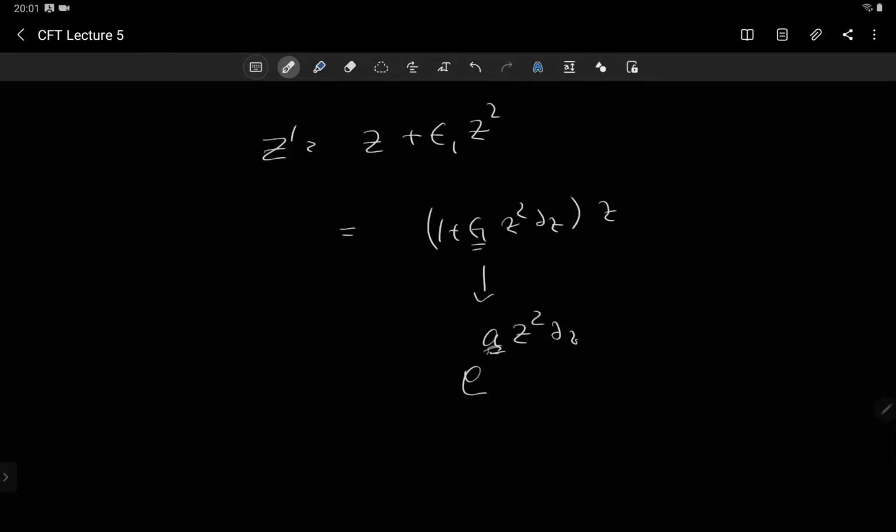It's a constant times del Z acting on Z. This is how it was, right? I'm just trying to find the finite version of this transformation. Is this okay, or do I have to explain it? This is just what we did in the higher dimension.